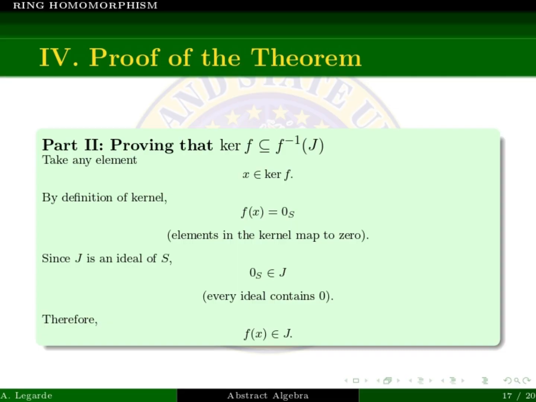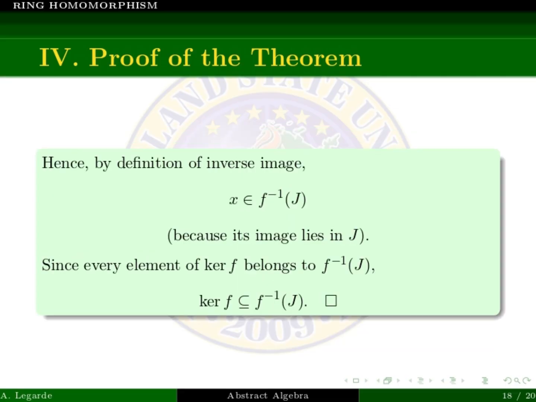Hence, 0 in S belongs to J. Therefore, F(x) belongs to J. Since the image of x belongs to J, by definition of inverse image, we conclude that x belongs to F inverse of J. Because every element of the kernel belongs to the inverse image, we obtain that the kernel of F is a subset of F inverse of J. So this completes the proof of the theorem.